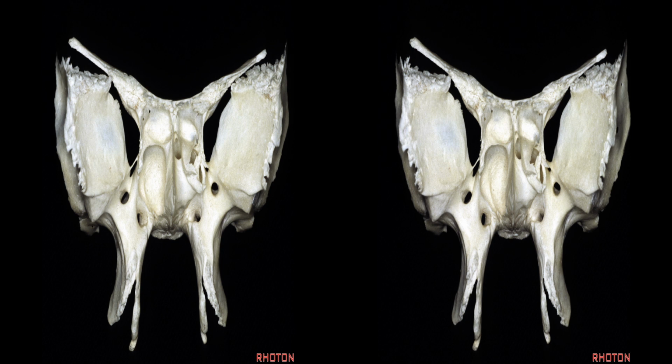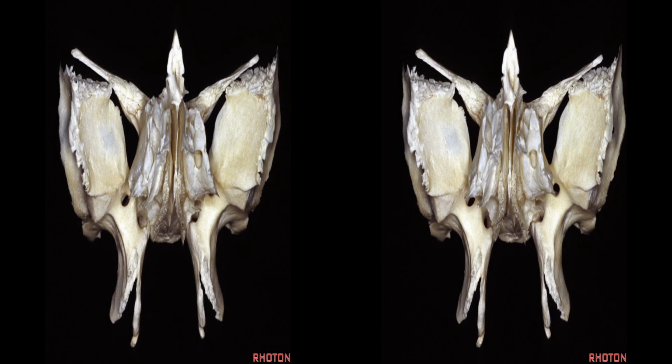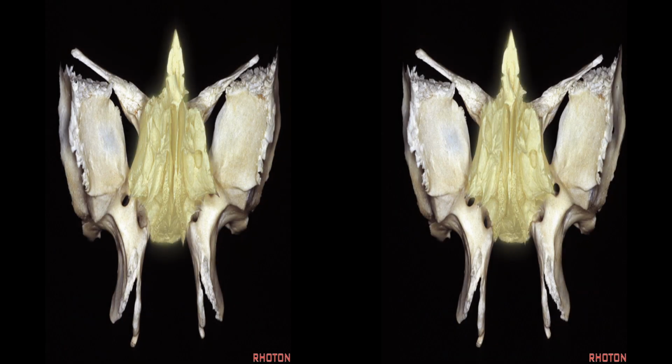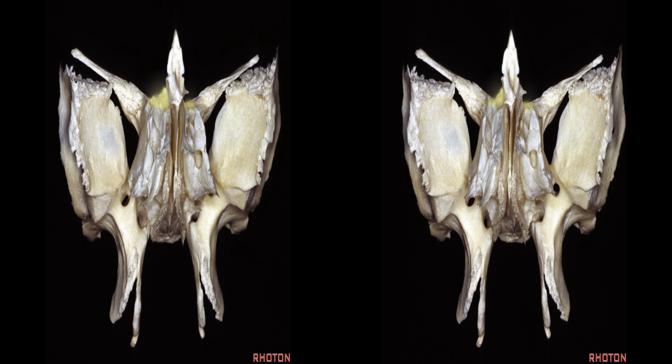So now, what bone is going to fit in this area? What backs up to the front of the sphenoid? Ethmoid bone that has cribriform plate, an orbital plate.